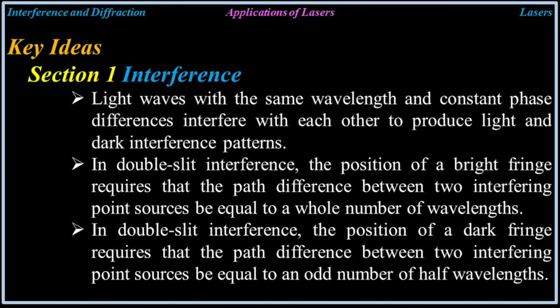In double slit interference, the position of a dark fringe requires that the path difference between two interfering point sources be equal to an odd number of half wavelengths.